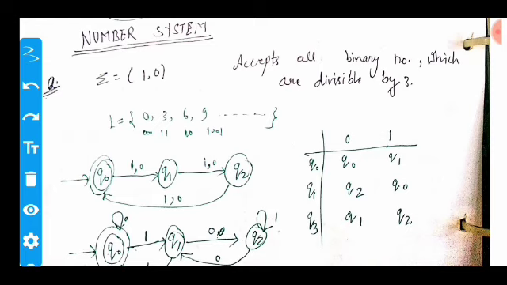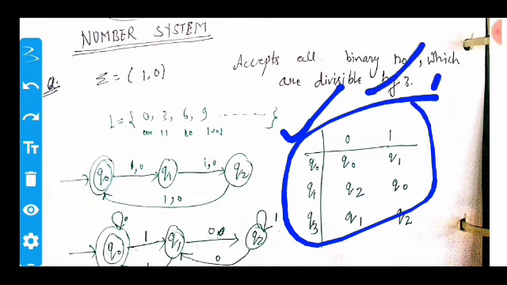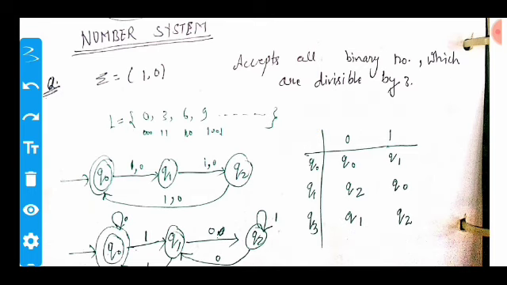The rule of the DFA is that all the strings are accepted by the final state. So here is the transition table for this question. Now we move on to the next question.